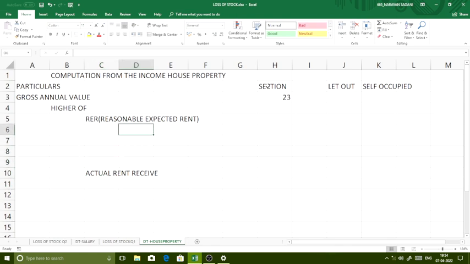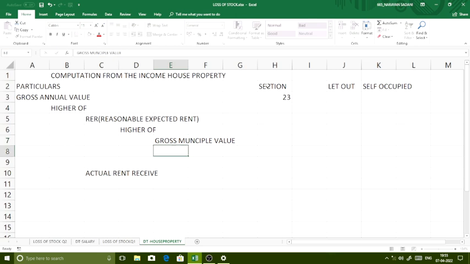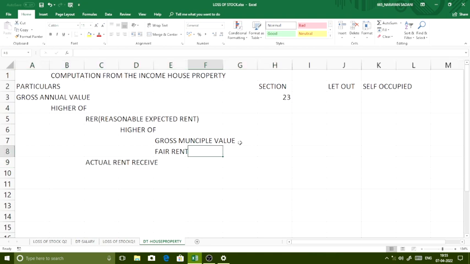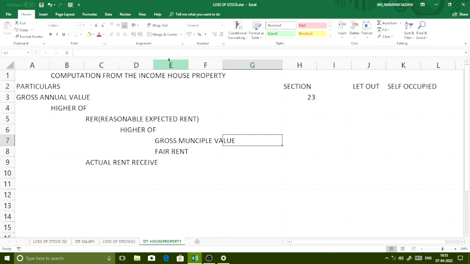It is the higher of two: the GMV, gross municipal value, and the fair rent. Fair rent means the rent of nearby areas.